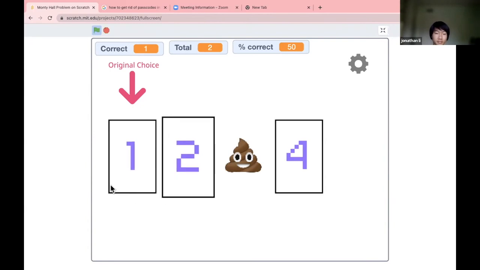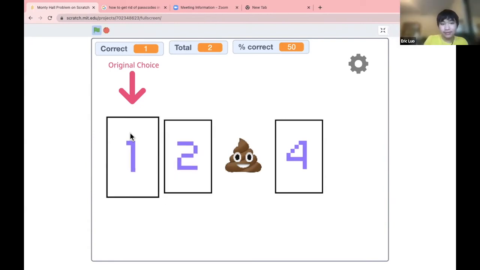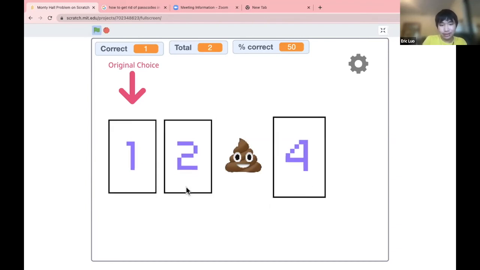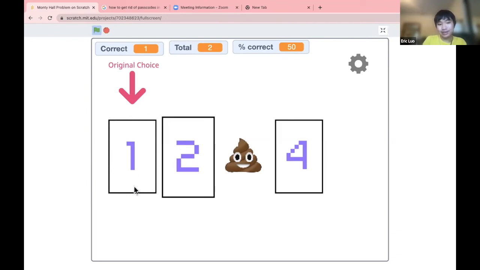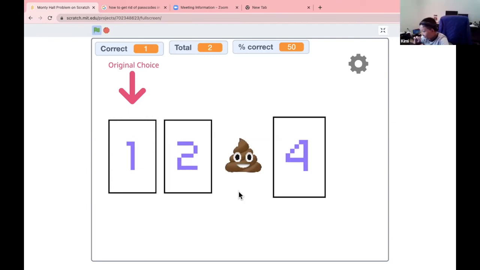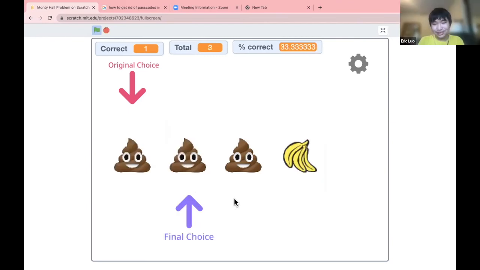Yeah, if we did this about 80 times, then the first door would probably have the banana about 20 times, generally speaking. But for these 2, it would actually be higher than 20 times. I think it's door 2.